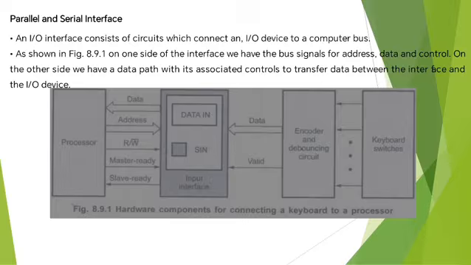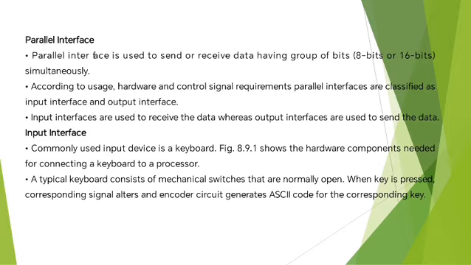And then we have read and write, master ready, slave ready, data in as well as data out. When the data is in, it will be accepted and then the processor will give the address. With the help of the address, everything will be searched and the details will be given to the output.